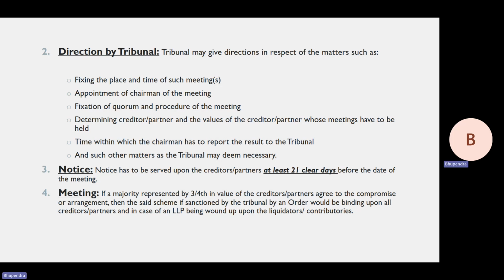If a majority representing three-fourths in value of the creditors or partners agree to the compromise or arrangement, then the same, when sanctioned by the tribunal by an order, would be binding upon all the creditors or partners, and in case of an LLP being wound up, upon the liquidators and the contributories.